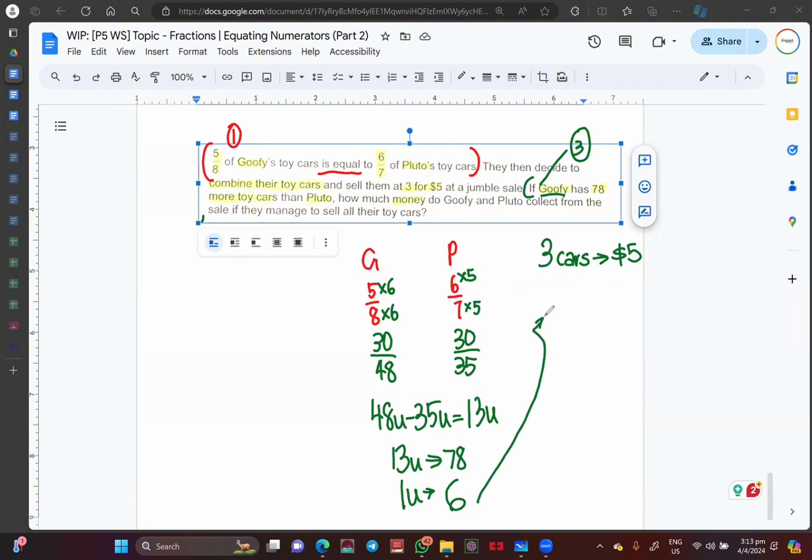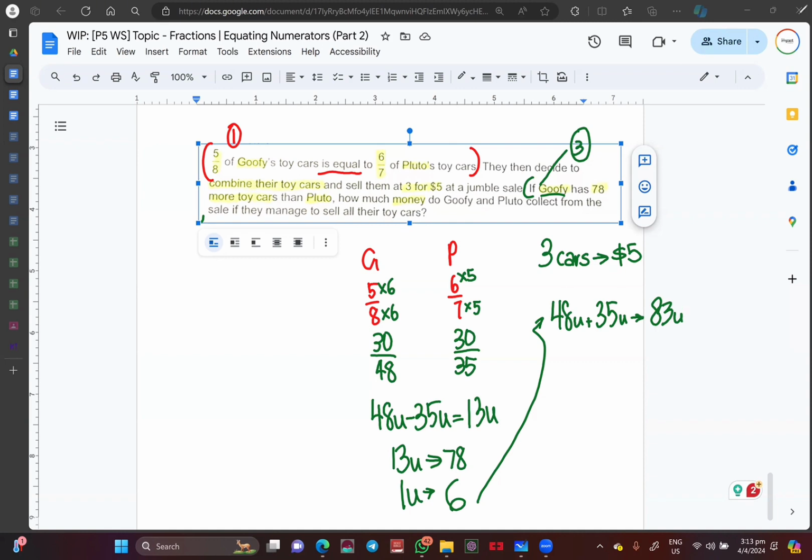What are we going to find? Remember just now how they said they are going to combine everything. Pluto said to Goofy, hey Goofy, let's combine our total. How do I find the total? 48 units plus 35 units. Am I making sense? So 48 plus 35, we get 83 units.